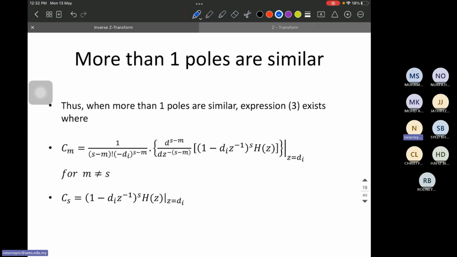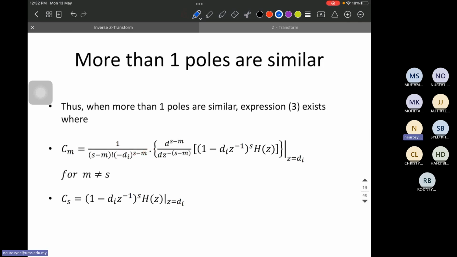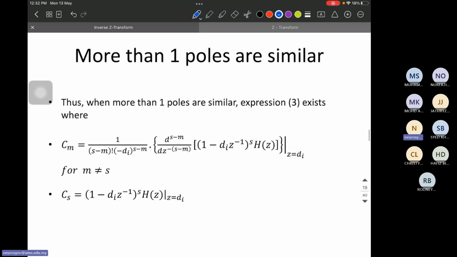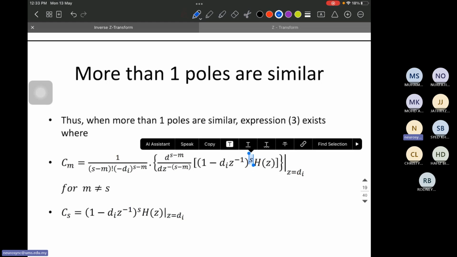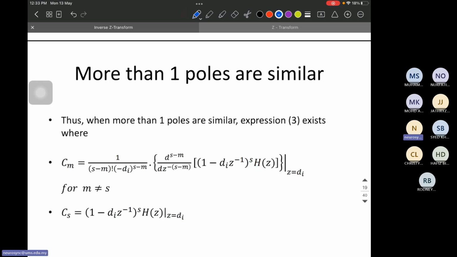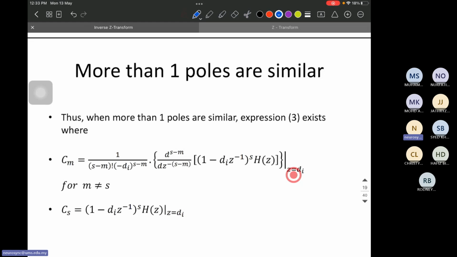Cm is 1 divided by (S minus m) factorial, times the (S minus m)th derivative with respect to z inverse of (1 minus di z inverse) to the power S times H of z, and this whole thing is calculated at z equal to di.